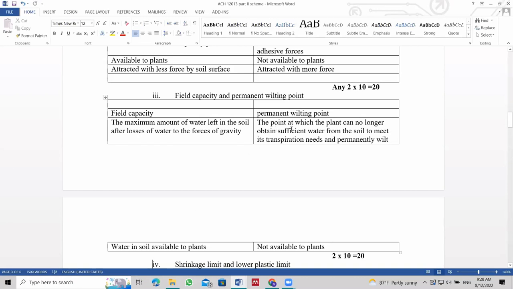Then permanent wilting point is the point at which the plant can no longer obtain sufficient water from the soil to meet its transpiration need and permanently wilts. Then water at field capacity is available to the plant, and water at permanent wilting point is not available to the plant. So those are the required answers.